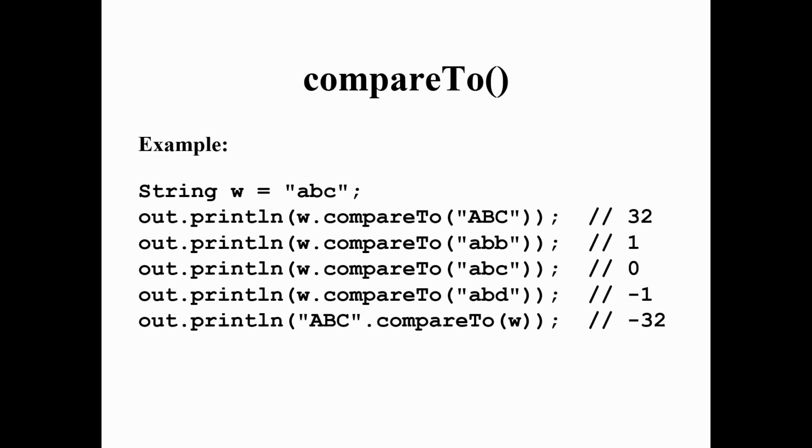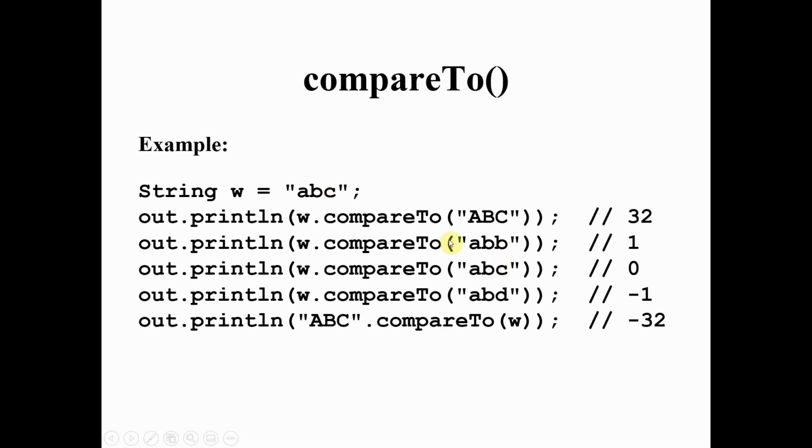So here's some examples. s is lowercase abc. And notice if you compare it to capital, you get a positive, because like I said, lowercase has a bigger ASCII code. Now, if you compare lowercase abc to lowercase abb, what it actually compares is the c here with the b here, because the first two characters are the same. It's the third characters that are different.